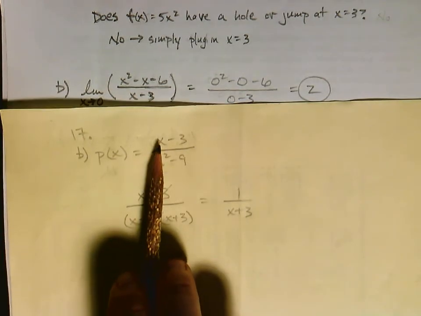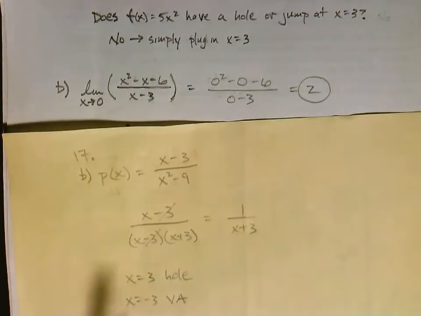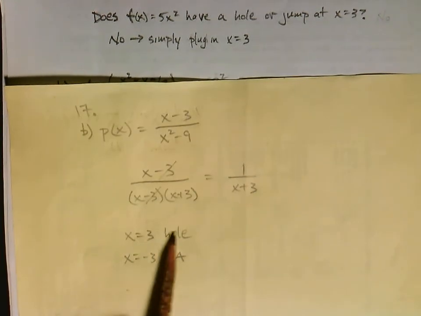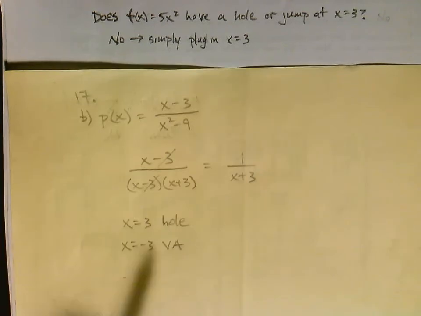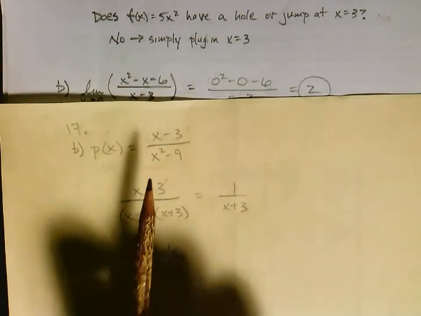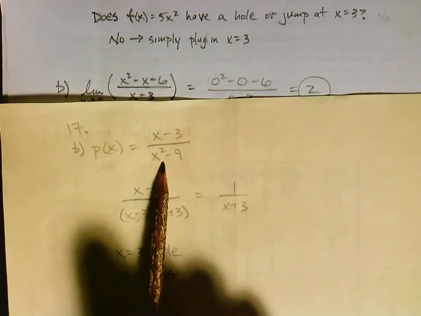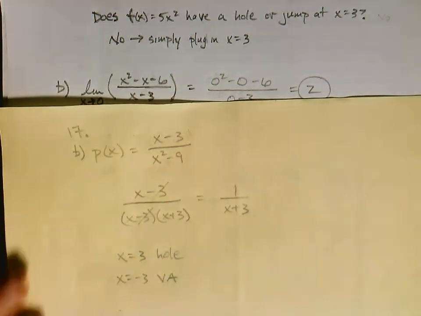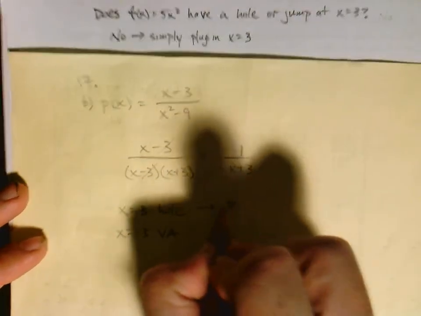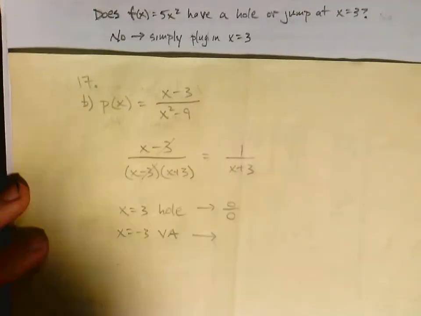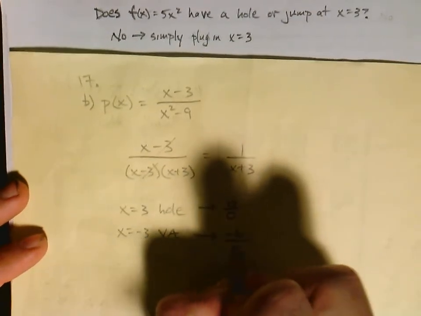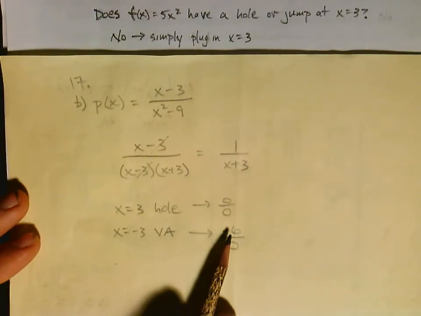If we plugged in 3, we'd get 0 over 0, and yes, that means it would have been a hole. If you plug in negative 3, you would get negative 6 over 0. Still dividing by 0, but not 0 over 0 anymore.